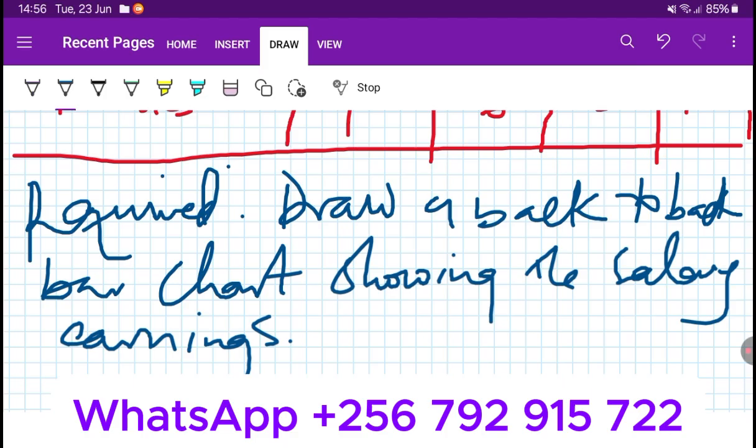So you are seeing that the title is going to be basically on the salaries. It is going to be showing the salaries, and what the title shows most of the times is what we put in the key, because that's what the examiner is trying to find out from the information that we have been given.